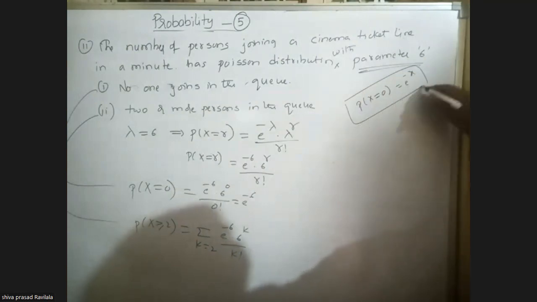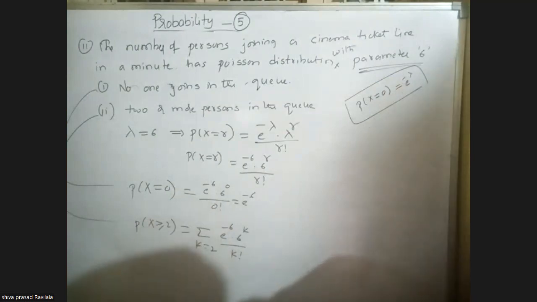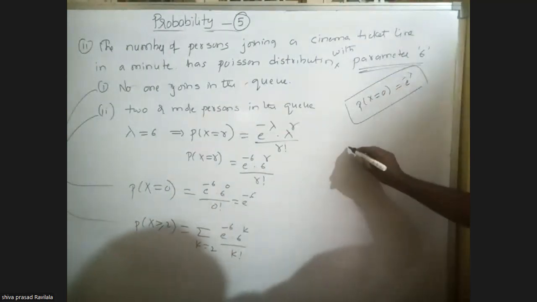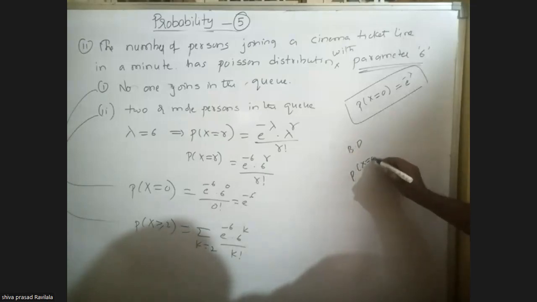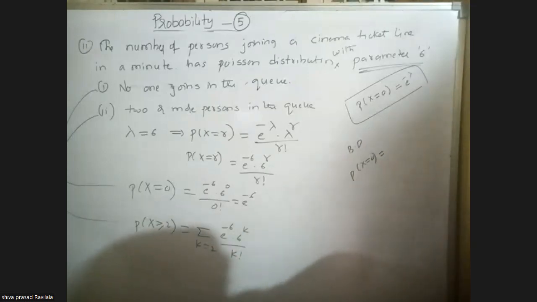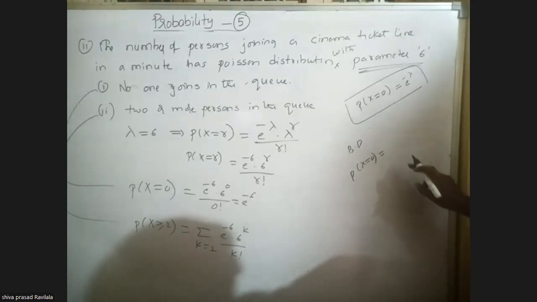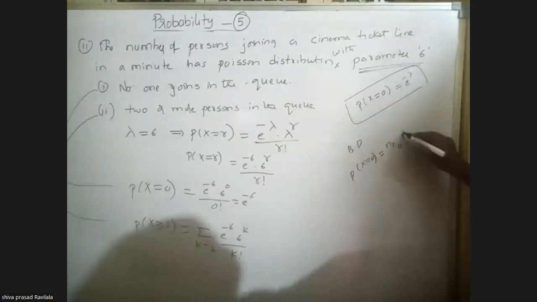In Poisson distribution, probability of x equal to 0 is e power minus lambda. And similarly, in binomial distribution, probability of x equal to 0 is nC0 into p power 0 into q power n minus 0.